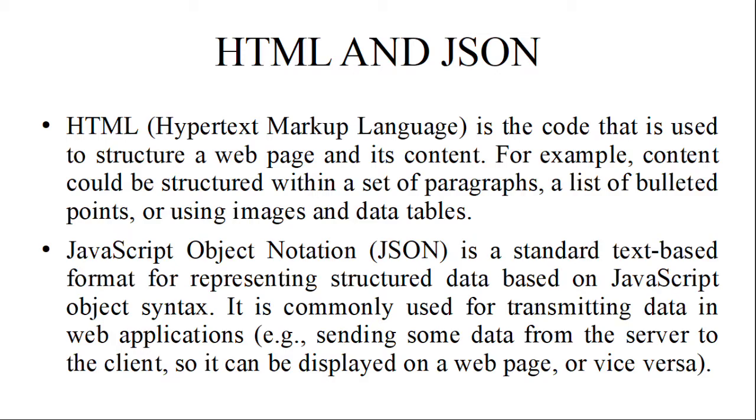JavaScript Object Notation, JSON, is a standard text based format for representing structured data based on JavaScript object syntax. It is commonly used for transmitting data in web applications. For example, sending some data from the server to the client so it can be displayed on a web page, or vice versa.